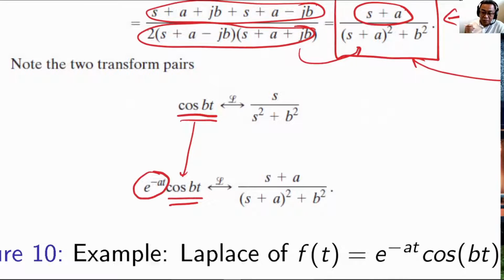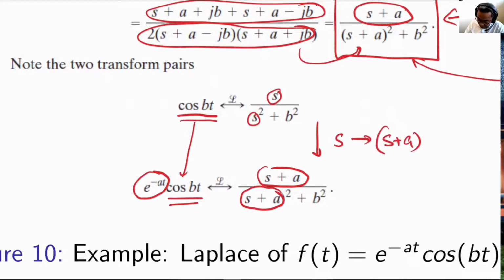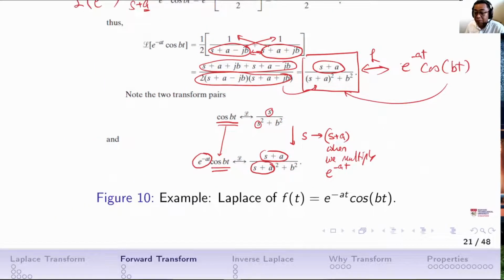And look at what changes in the Laplace domain: s plus a. So the s is replaced by s plus a when we multiply the cosine by e minus at. That is the property which you'll learn later on.